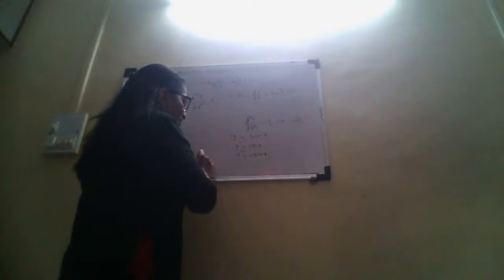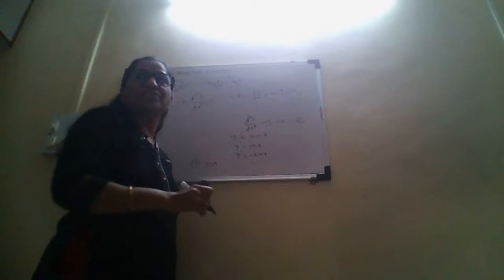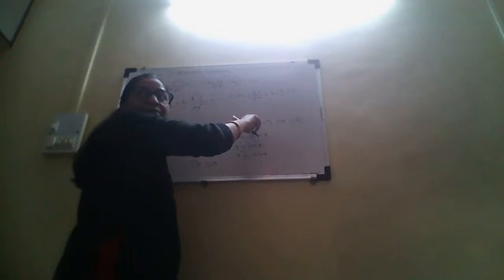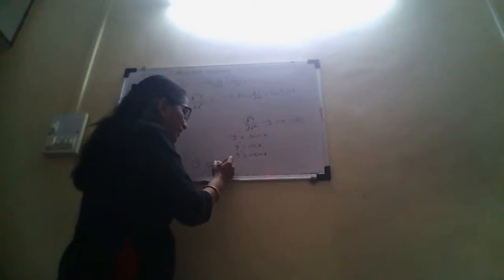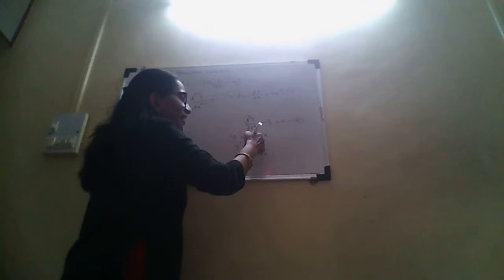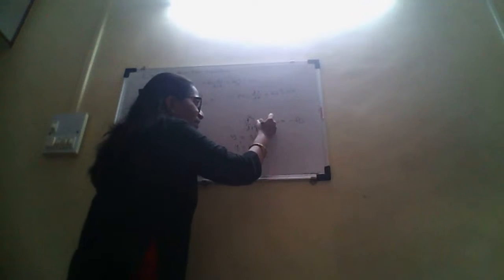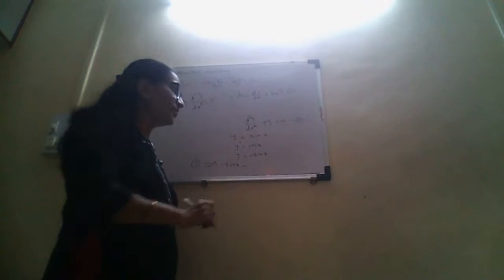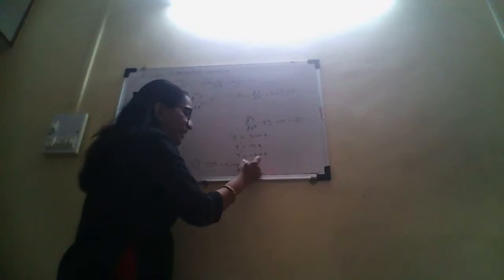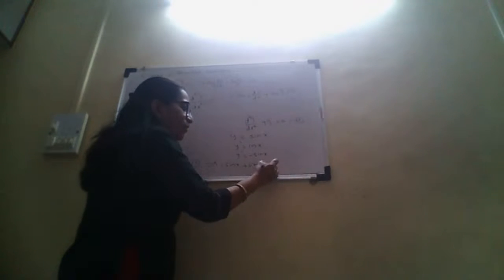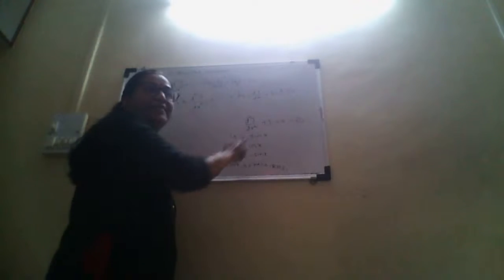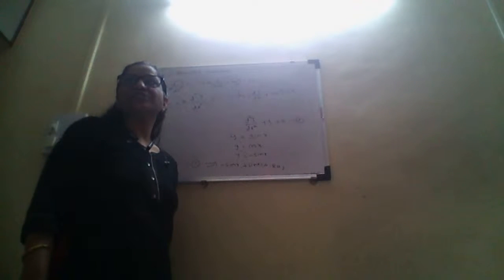Call this equation 1. If I substitute in equation 1, y double prime, which is d2y by dx square, is minus sin x, and minus y gives plus sin x, and that gives us 0, which is nothing but the RHS. So y is equal to sin x is a solution of this differential equation 1.